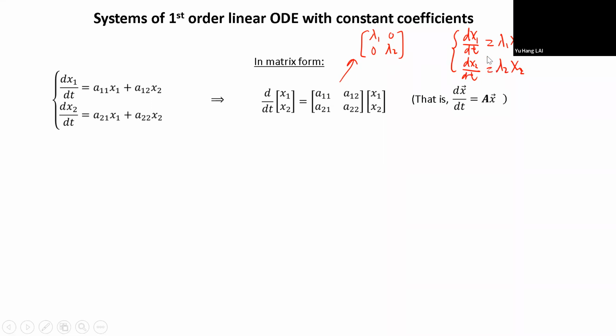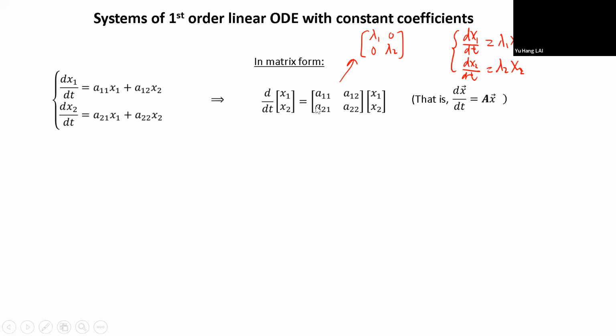Essentially, you can see that the two variables are not really coupled. This x1 just depends on x1 itself, and this x2 just depends on x2 itself. So you can just solve the two individually, with no need to even write them as a system. Now the reality is that this is not a diagonal matrix in general.